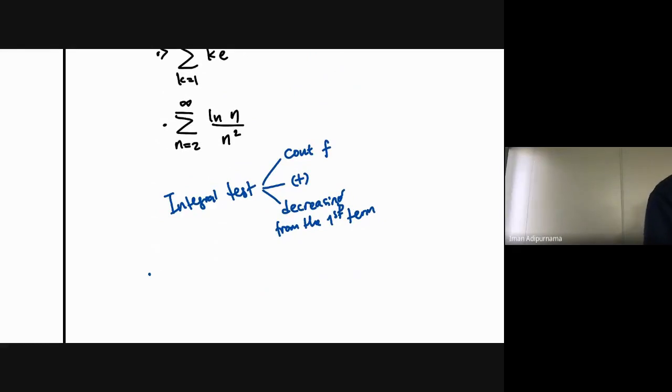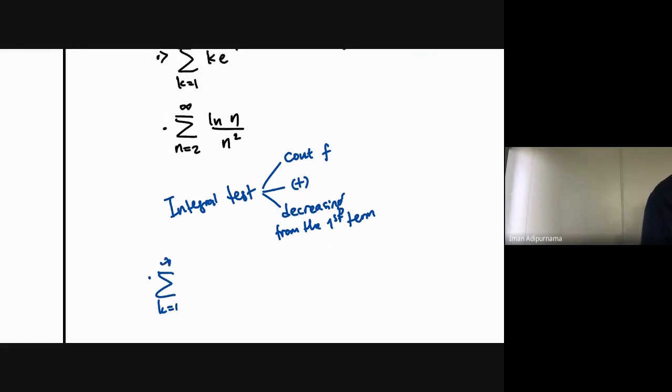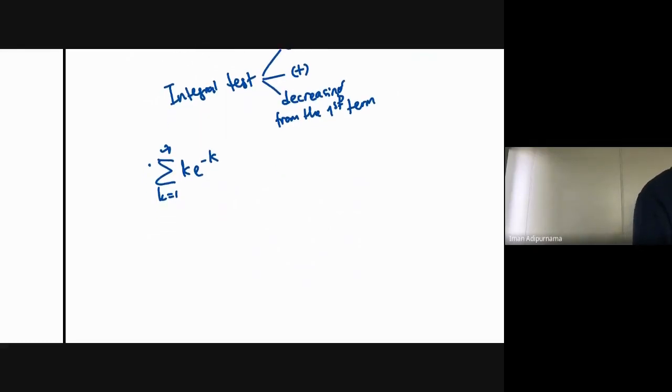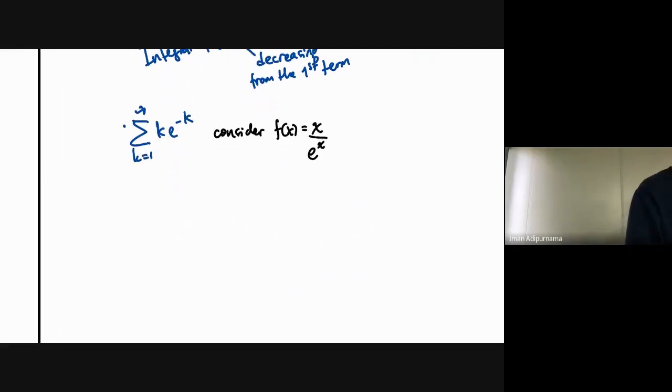Okay, first for number 1, let me write the question. It's the sum of k e to the minus k. To make sure that it is decreasing, we can use calculus 1.